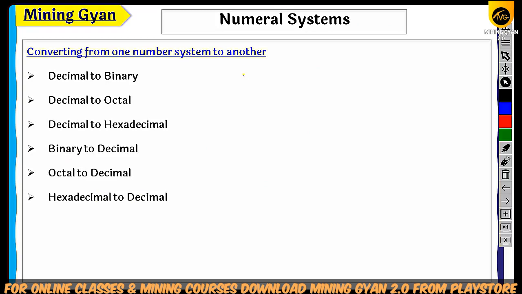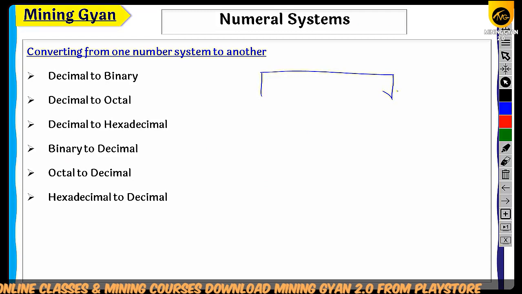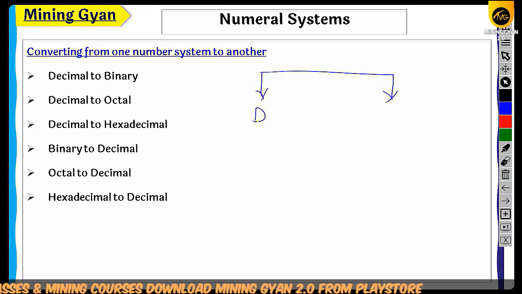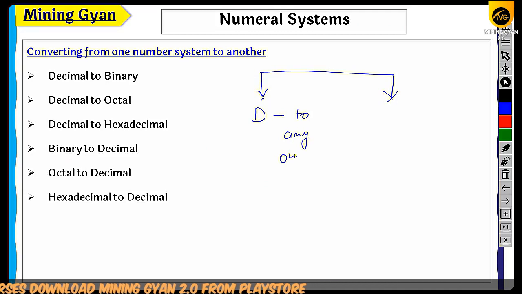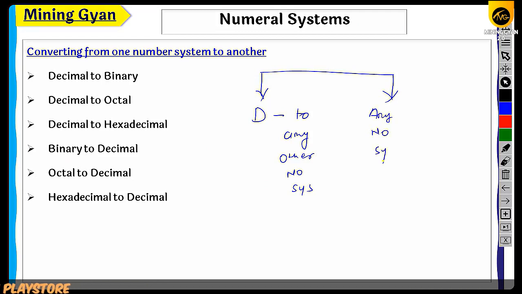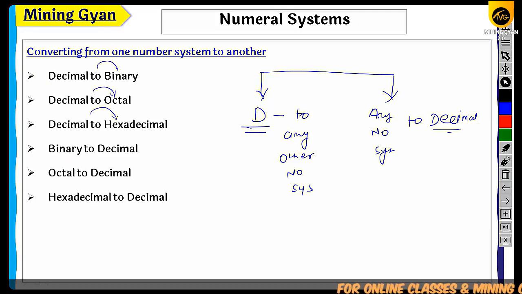So basically you can categorize them into two most important conversions. First is decimal to any other number system, that means decimal to binary, decimal to octal, decimal to hexadecimal.